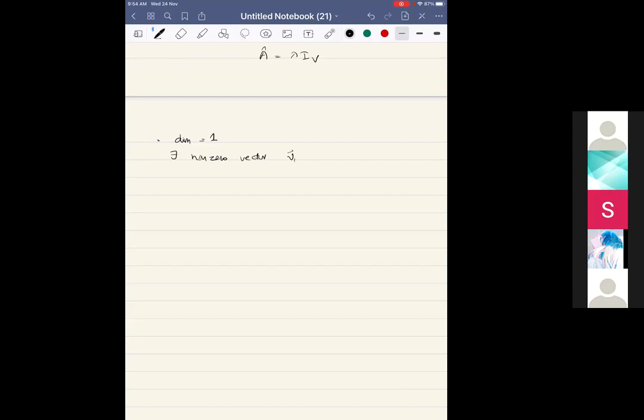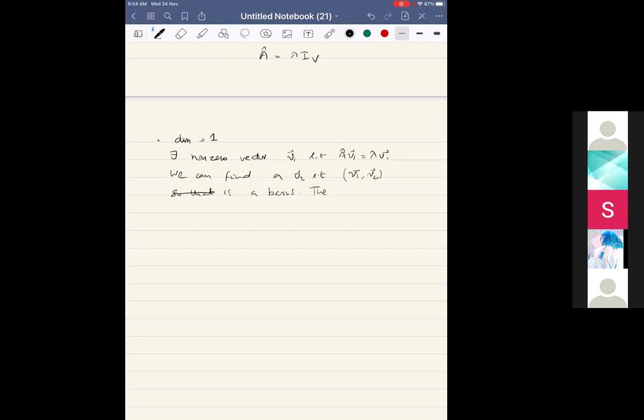V1 such that A hat V1 is lambda V1. Now, the dimension of V is 2, so we can find a V2 such that V1, V2 form a basis: take any vector linearly independent of V1. So that is a basis.